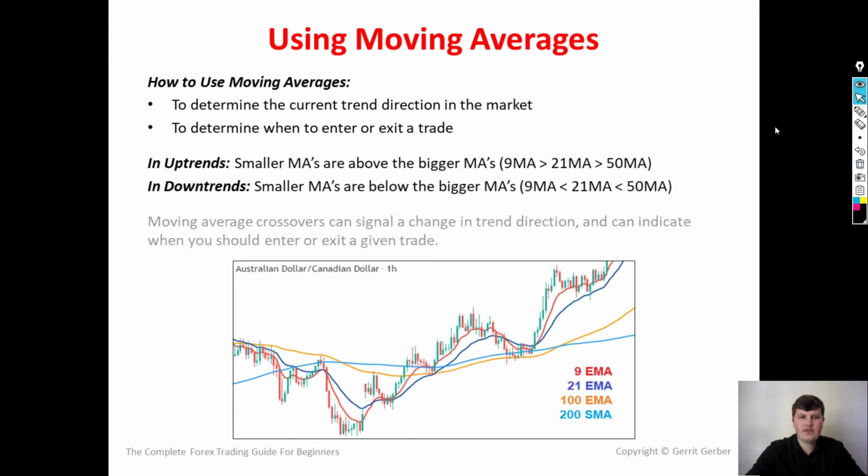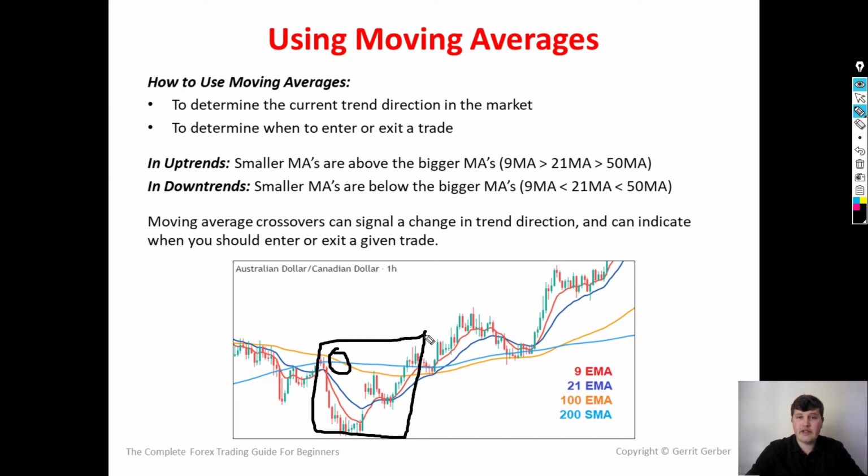And moving average crossovers can also signal a change in trend direction and can indicate when you should enter or exit a trade. Now, as you can see over here, this is a crossover between the 100 and the 200 moving average, and this move over here is a downtrend move because it is sloping from the 200 to the 100 to the 21 and to the 9.